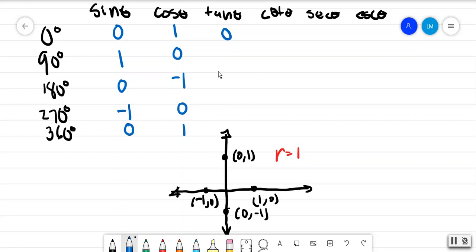Tangent of 90 is going to be undefined, so we'll just put undefined. Tangent of 180 is also going to be 0. Now, tangent of 270 is also going to be undefined, so we have undefined. And then that's going to be also 0.